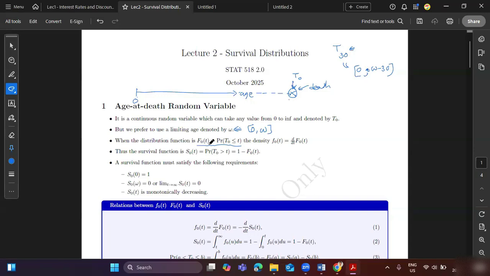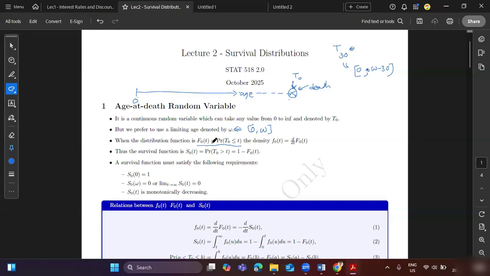So this is the cumulative probability that the remaining lifetime is less than or equal to t. In the general interpretation, this is the probability that a newborn baby will face death on or before the t-th age or t-th birthday.